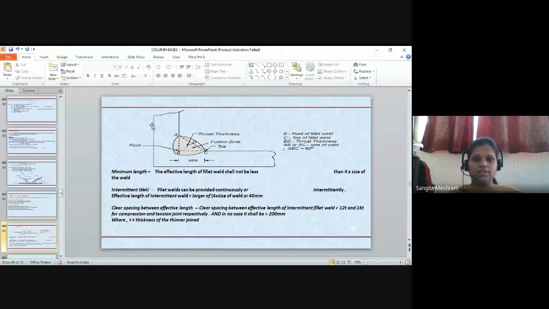So this is the actual connection system. We are connecting these two members with the help of weld. So this is the portion. This is the throat thickness. This is fusion. Okay, we are using the heating process and providing the metal here for fusion, for connecting these two members.